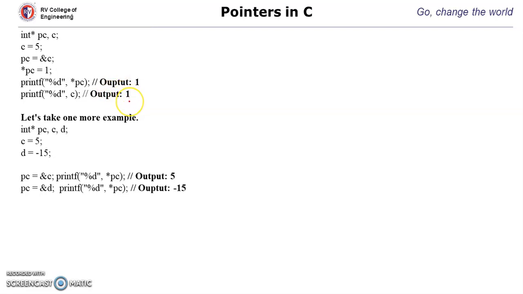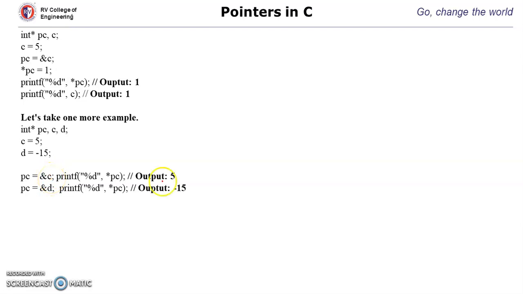Let's take one more example. Here we have a pointer variable PC and two normal variables C and D. C is 5, D is minus 15, and then PC is equal to ampersand C. That means the address of C is assigned to the pointer variable, and then we are printing star PC, the value stored at this address location.